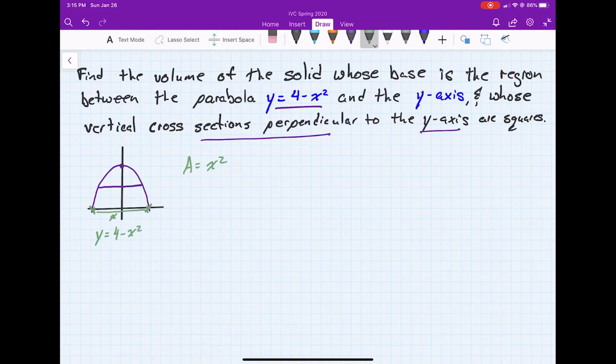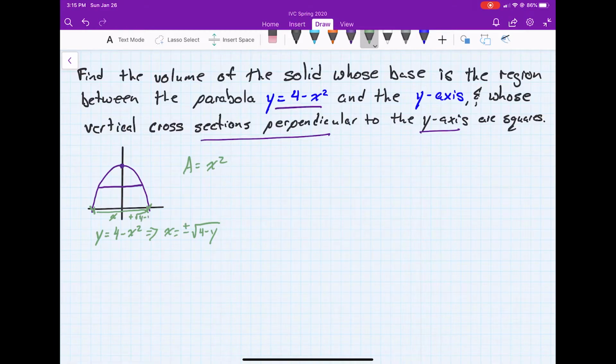y equals 4 minus x squared. That is going to give x equals plus or minus root 4 minus y. So you just algebraically move this expression around so we have this in terms of y.